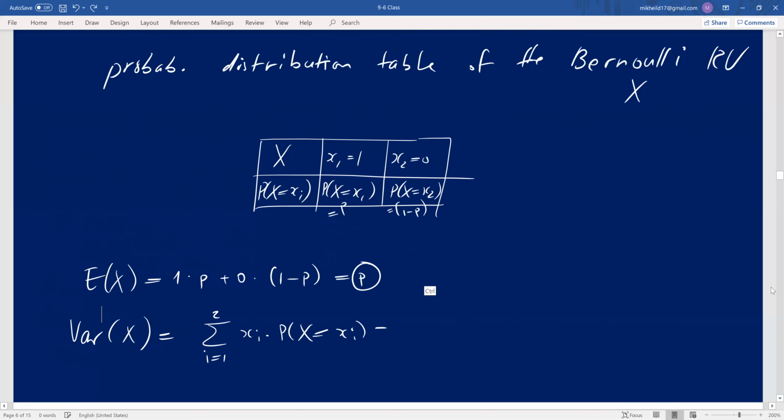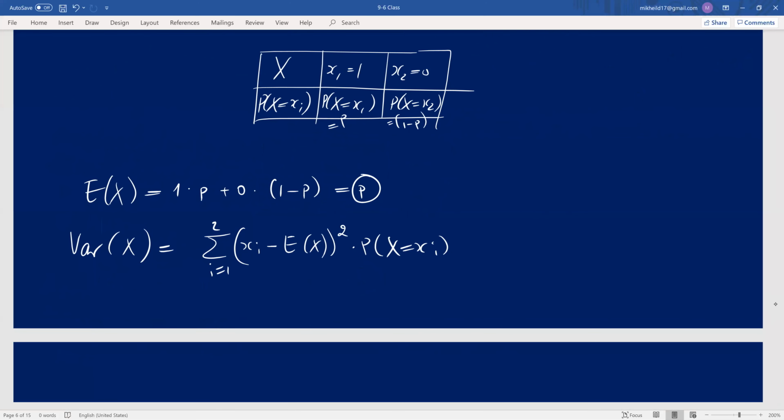So it's going to be the expression: the sum of xi minus the expectation of x, squared, times the probability that x equals xi, where i changes from 1 to 2.